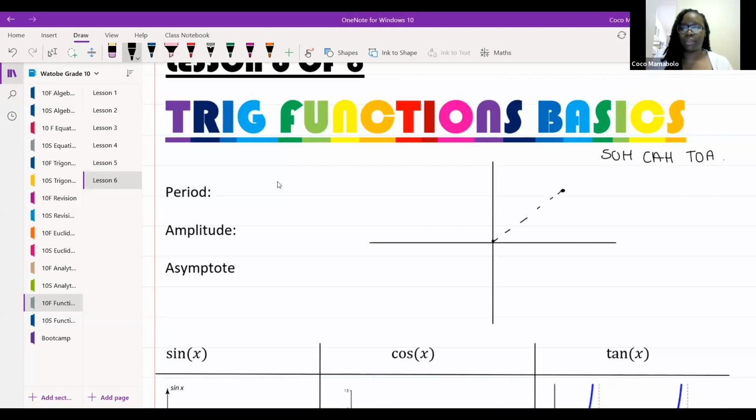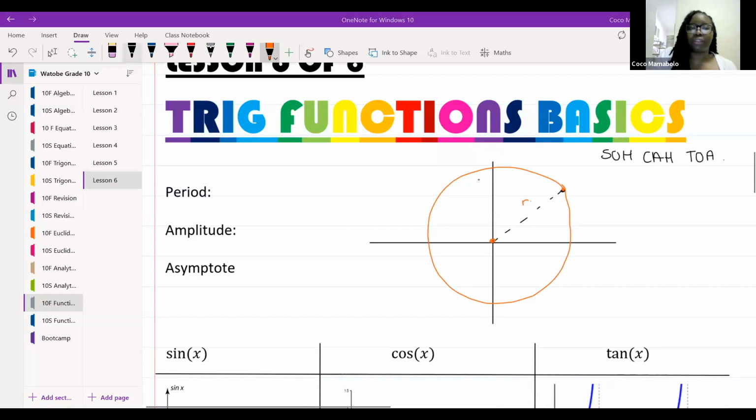The distance from here to there is called the radius. We call it r because this point can make a circle all the way around our Cartesian plane.